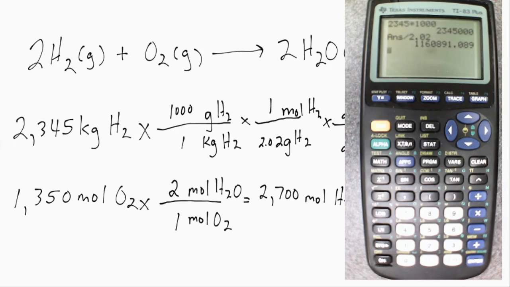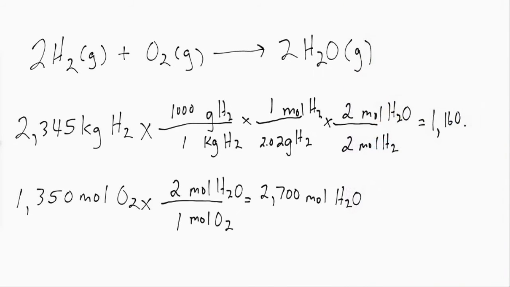And we end up with a very large number, 1,160,891 moles of hydrogen gas, or the bread. So, I'm sorry, not hydrogen gas, H2O. Got to be careful. See, this is the unit that I'm ending in.